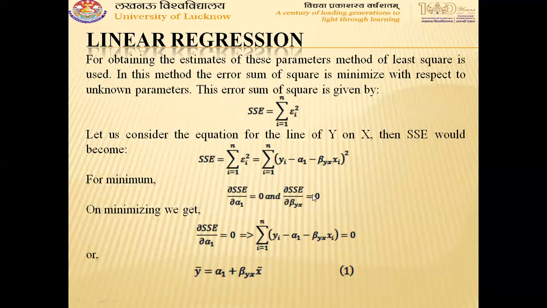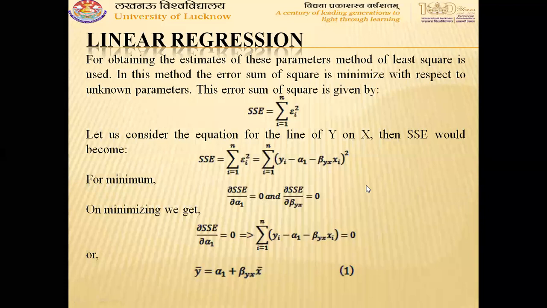As you know, in every numerical experiment the error should be minimum. So we minimize the error. Here in statistics, error is measured in terms of the sum of squares, which is called the error sum of squares, represented as SSE equals summation i goes 1 to n epsilon i square.